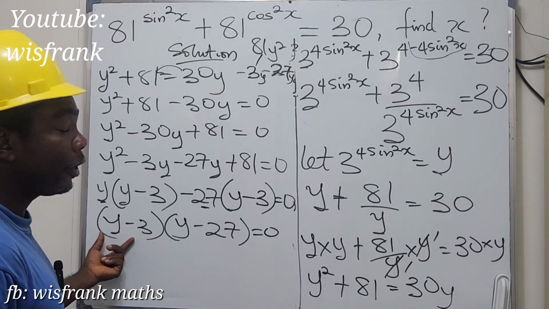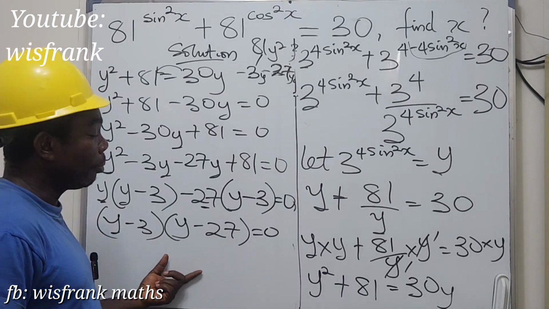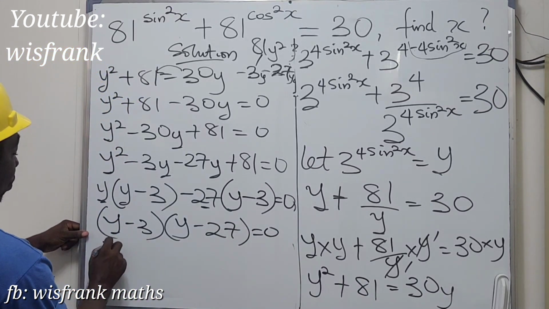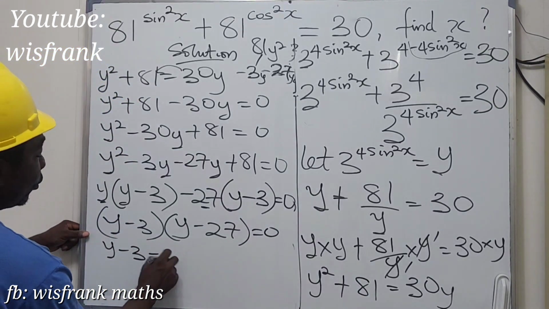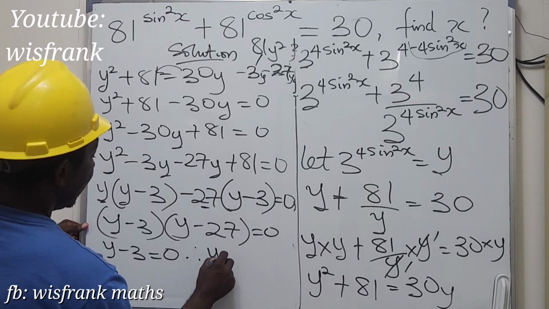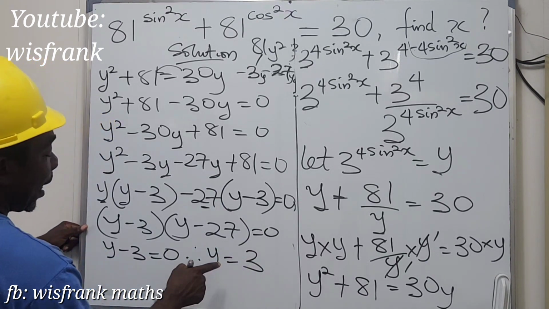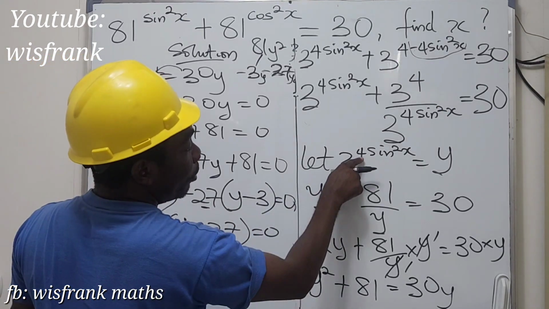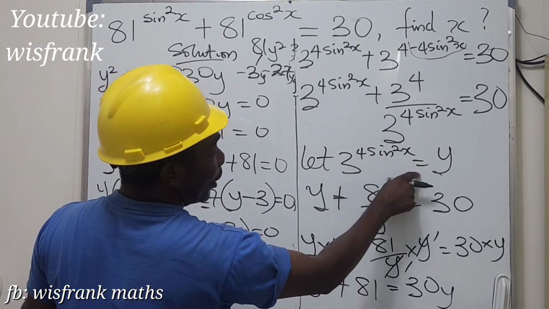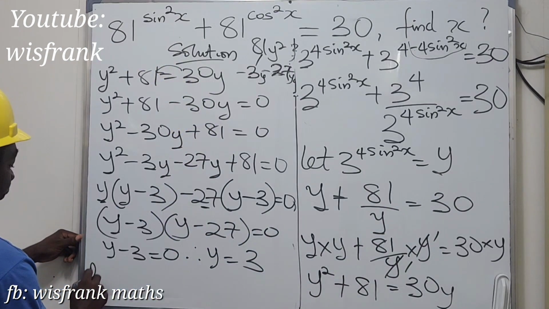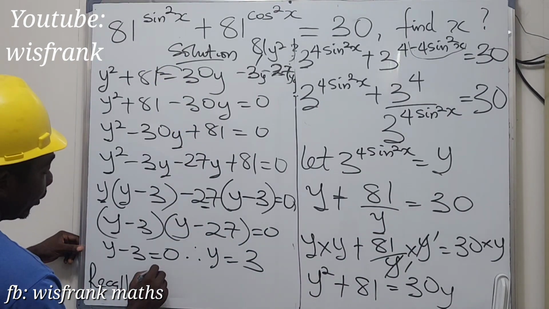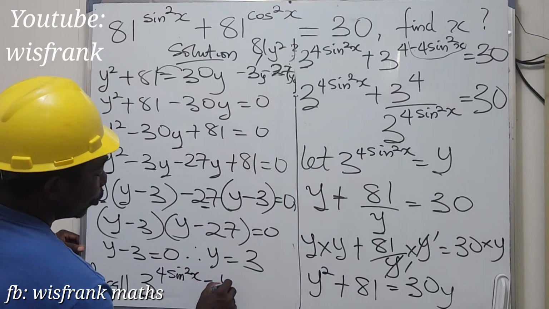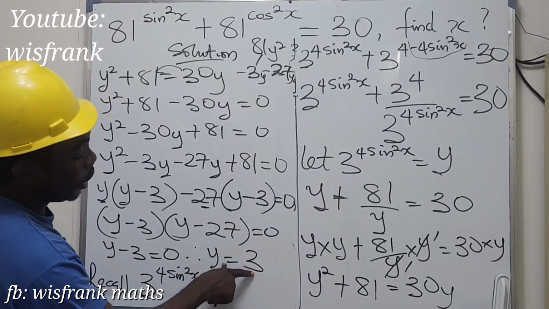It is either the first parenthesis equals 0 or the second parenthesis equals 0. Let's set the first one, y minus 3 equals 0. Therefore, y equals 3. In this case, we said let 3 to the power of 4 sin squared x equal y. We recall that 3 to the power of 4 sin squared x equals y, and our y here equals 3.